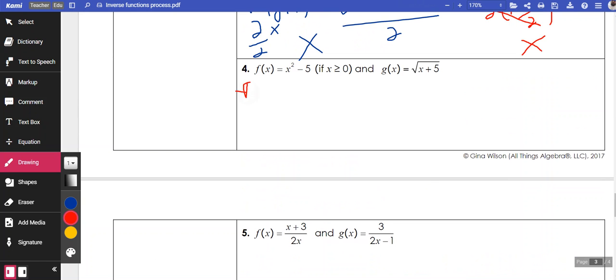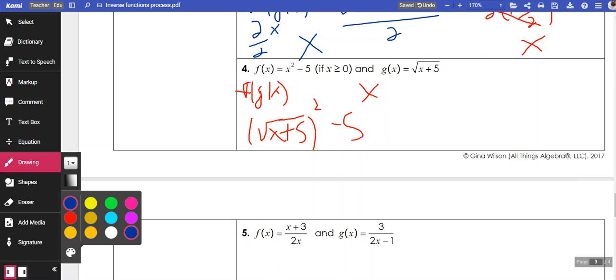If we find that, you take the square root of x plus 5, squared, minus 5. So the square root of x plus 5, squared, is x plus 5. And x plus 5 minus 5 just gets you x.